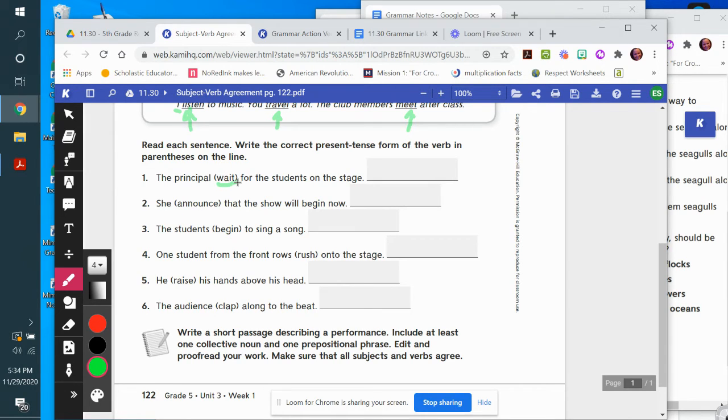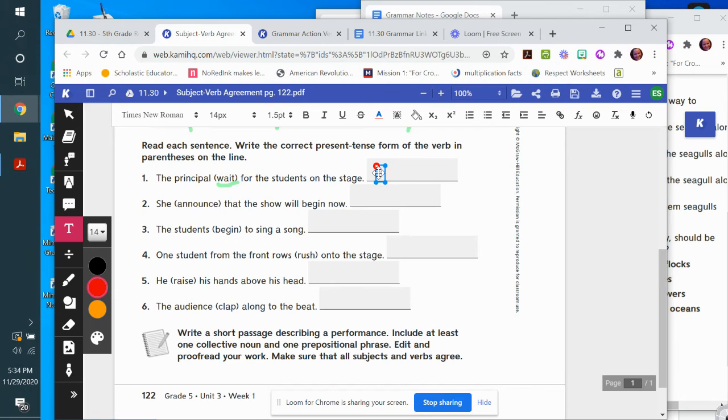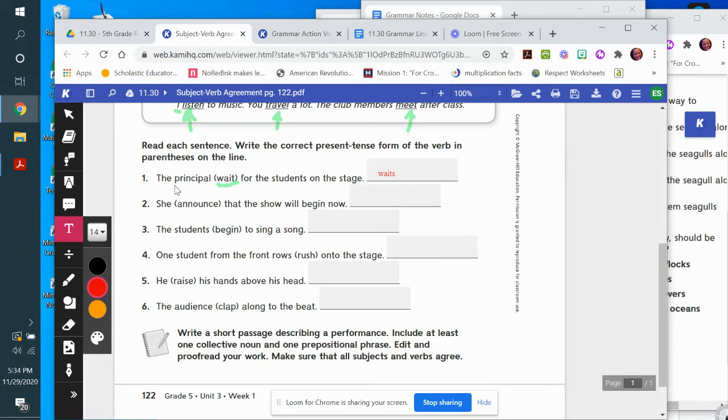Do we keep it as wait or change it to waits? The principal wait for the student on the stage? No, that doesn't sound right. We need to turn it into waits. That's one that we add just an s to. This is a singular subject.